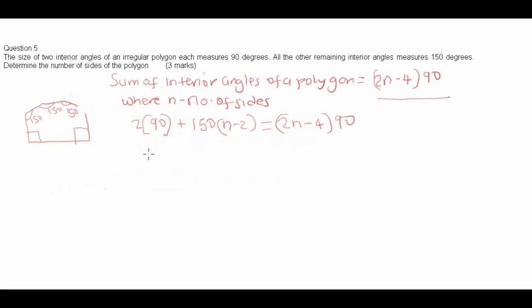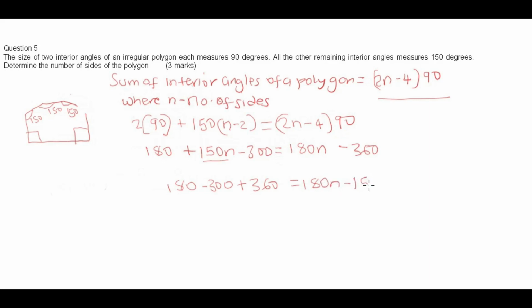So you open the brackets: this is 180 plus 150n minus 300 equals 180n minus 360. Taking 150n to the other side, and 360 and the rest to this side, it will be 180 minus 300 plus 360 equals 180n minus 150n.